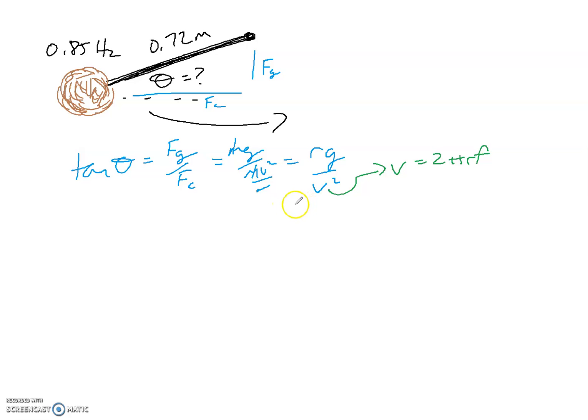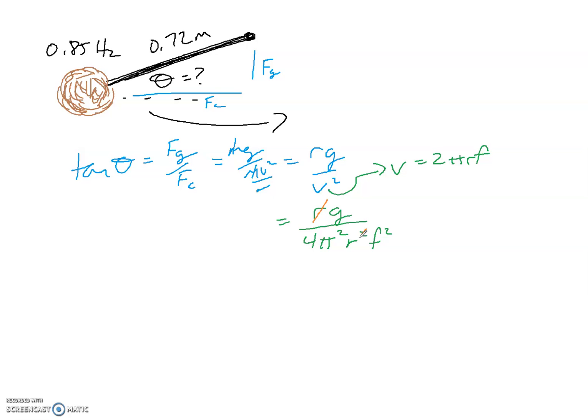I'll get the r and the g on top, and the bottom is 4 pi squared r squared f squared. As soon as I do that, one of the radii cancels out, and I am left with g over 4 pi squared r f squared.